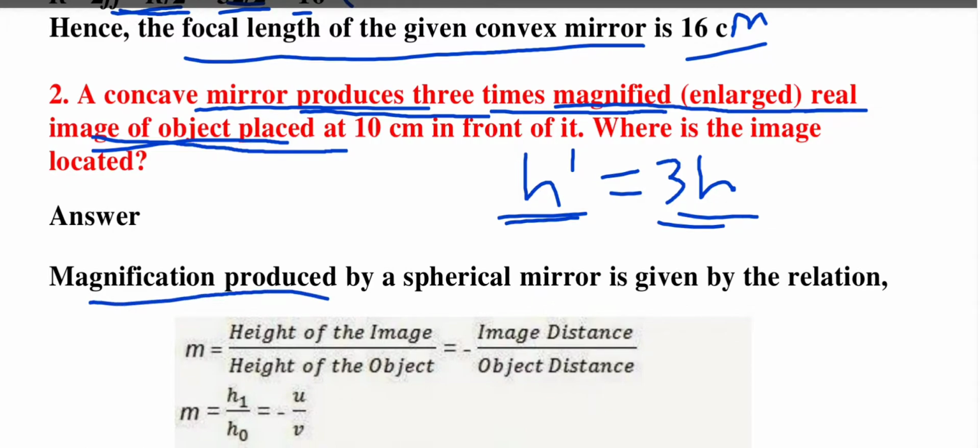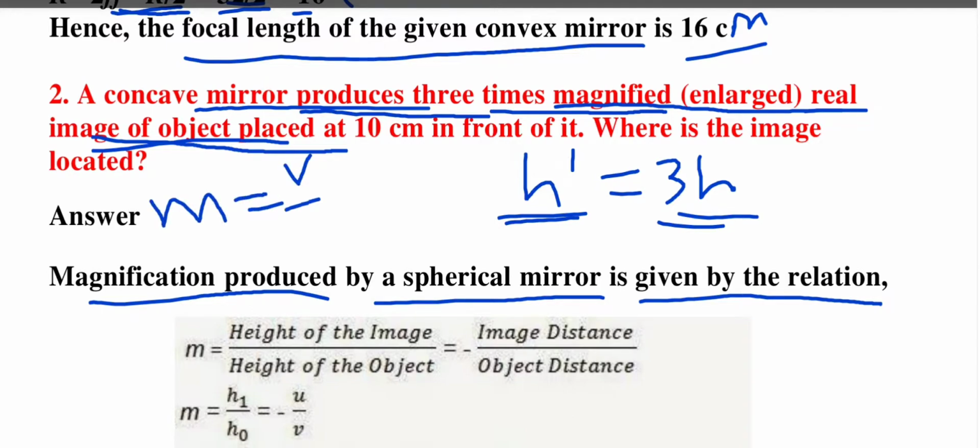So the magnification produced by a spherical mirror is given by the relation. We have the magnification formula, m is equal to, in the case of a mirror, minus v by u is equal to h prime by h, where h prime is the image height and h is the object height.